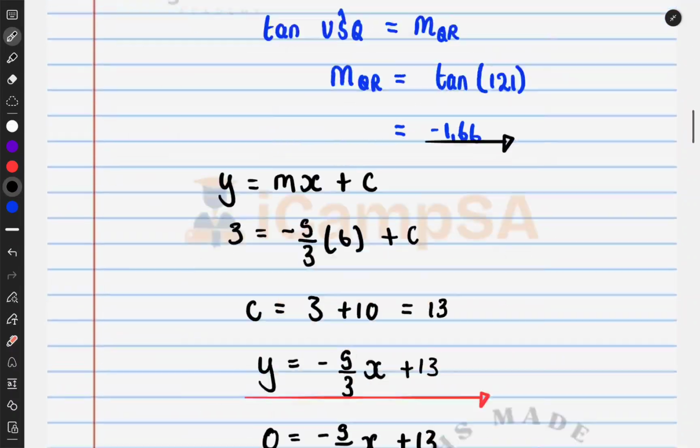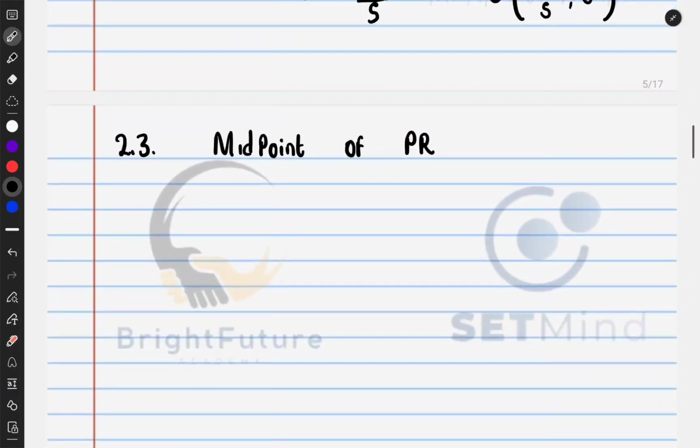Okay, and those are your coordinates. Remember, to find the x value of the midpoint of PR, we're going to use the midpoint formula.